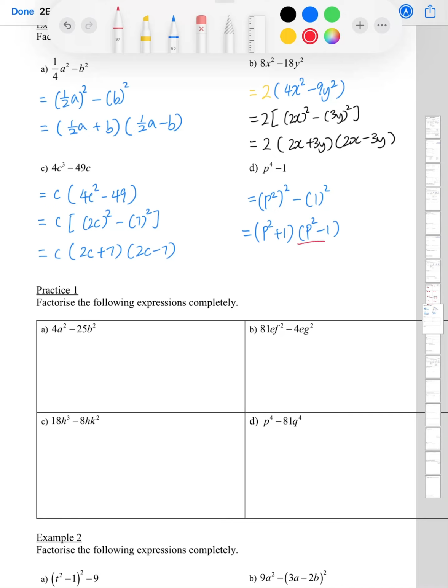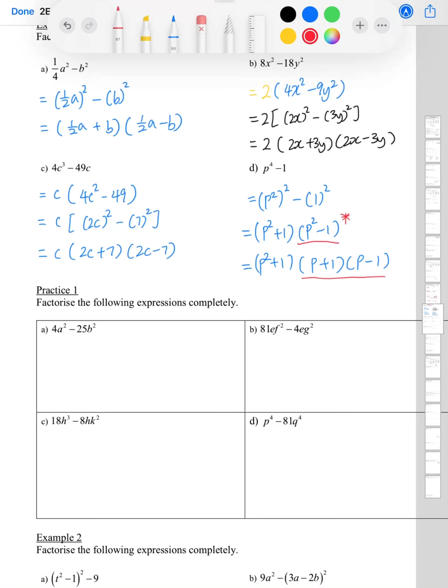Take a closer look at this factor here. This is also a difference of two squares. It can be further factorized as (p plus 1)(p minus 1). Then this is called a complete factorization.